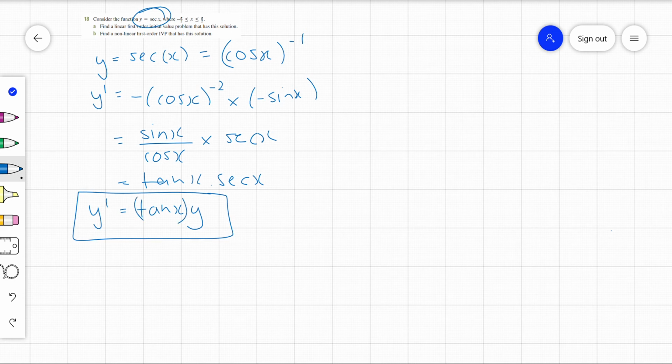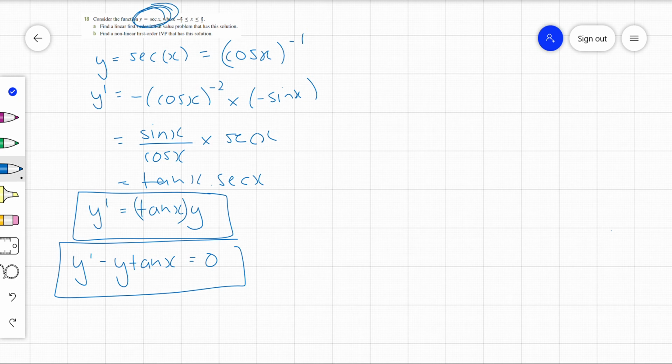So if I put it all on one side, you can see quite clearly y dash minus y tan x equals 0, that this is a first order linear problem that has the solution y equals sec x. And then if I need an initial value problem, I need to give you some information in order that you'd be able to use this as the problem to get back to y equals sec x.